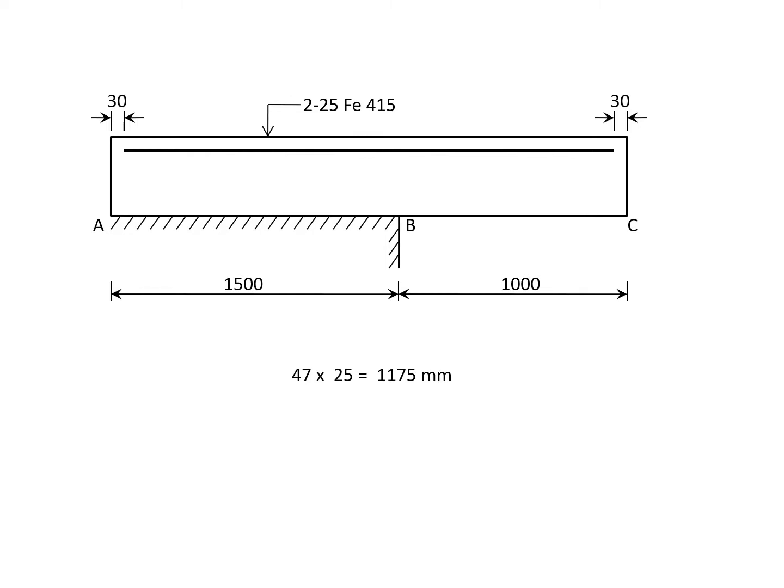What you need is 1175 and what you have is 1000. So development length is not enough to develop full stress in the steel. So perhaps if you are doing it, you may want to bend this bar a little bit downward and you will be okay.